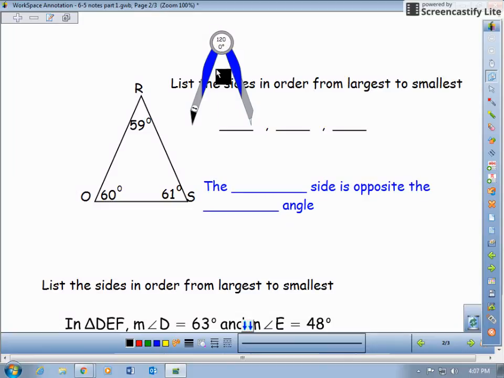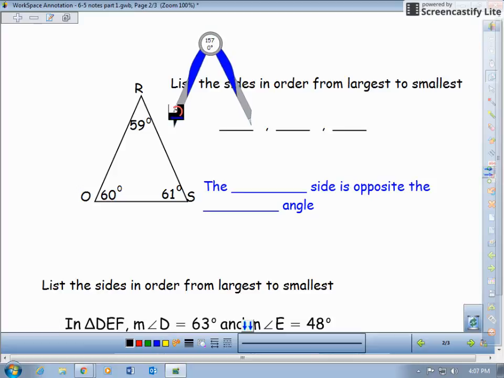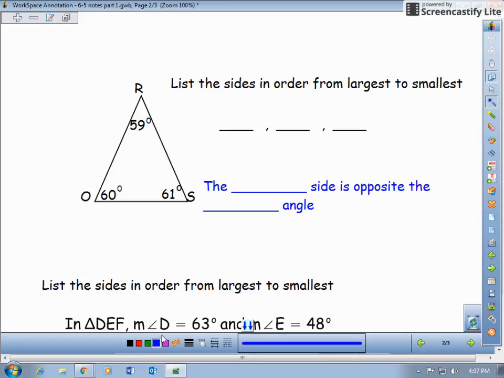As this angle, see that 120, whatever that measurement is, as it gets bigger, as that opposite angle gets bigger, then this side gets bigger. And as that number next to it in the compass gets smaller, then that side gets smaller. So in this case, it's the same thing: the largest side is opposite the largest angle.